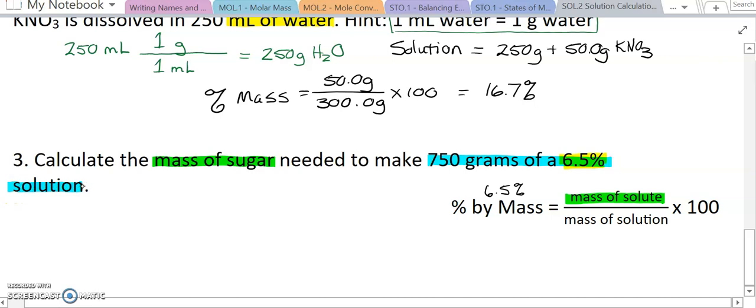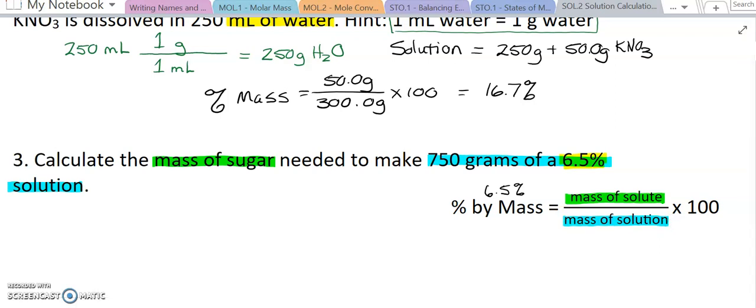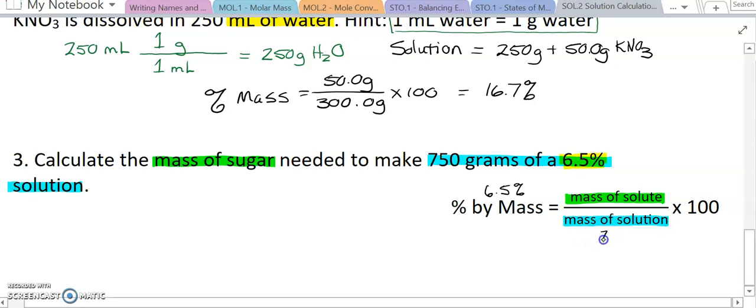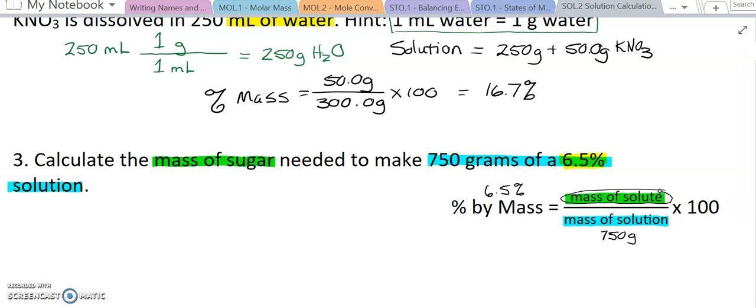And they tell me I have 750 grams of a 6.5% solution. So I don't have to worry about this being water and something else. They give me the mass of my solution here, and the mass of my solution is going to be 750 grams. And this time what I'm trying to find is the mass of my solute. Well, in this case, we've got to algebraically rearrange the equation. I know anything on the bottom of an equation moves to the top when you switch it to the other side of the equal sign.